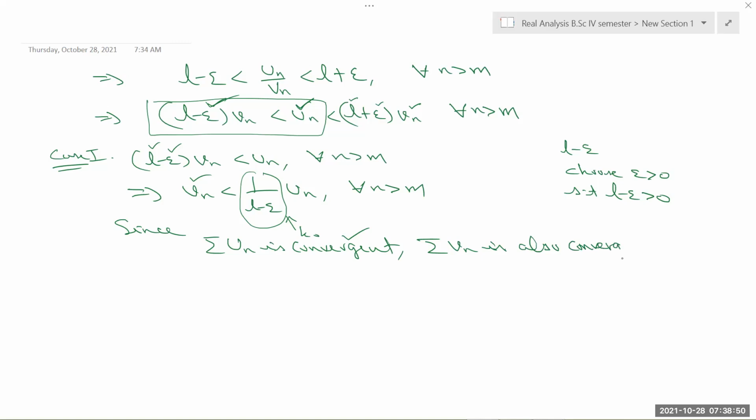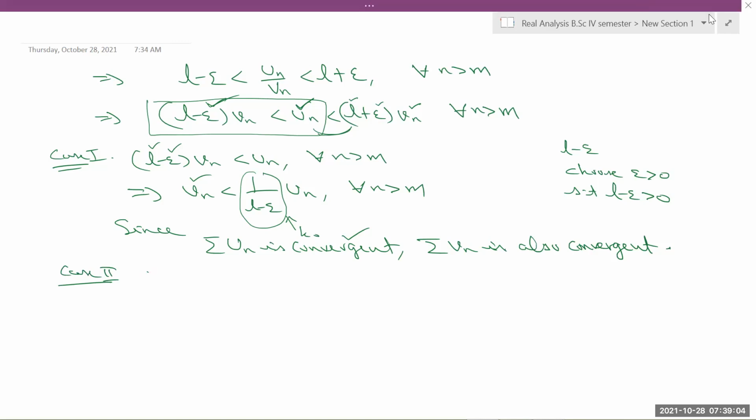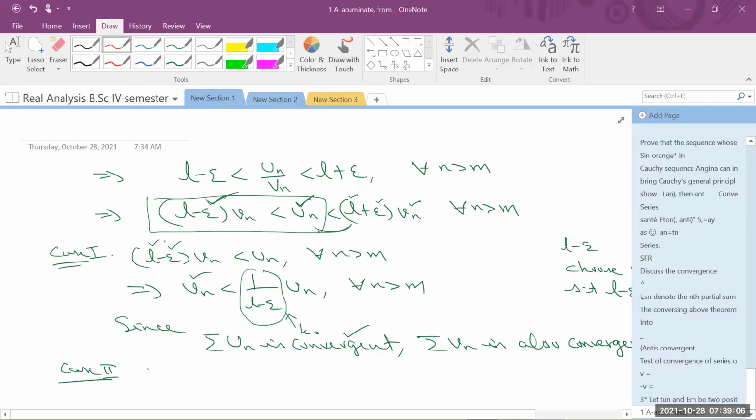So one can observe here that both series are behaving together. Now, this was the first case, when the series Un is convergent.